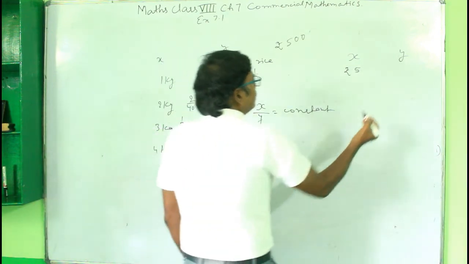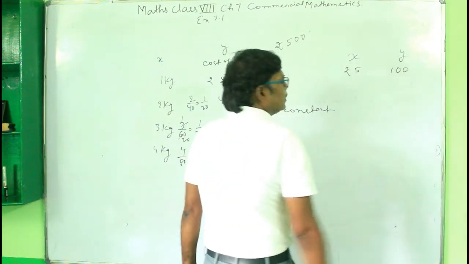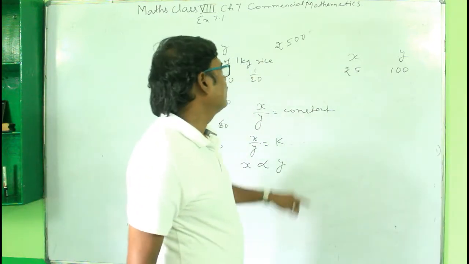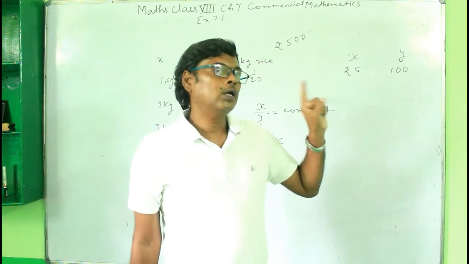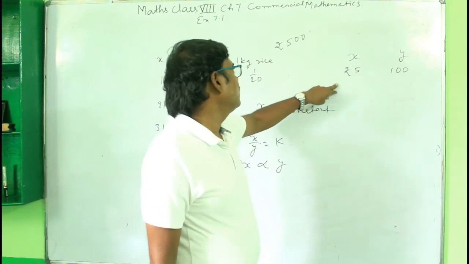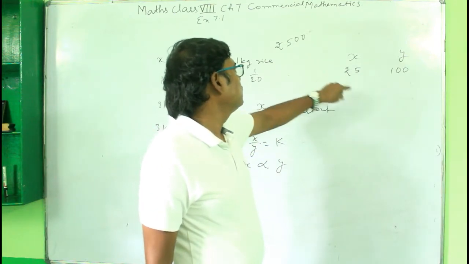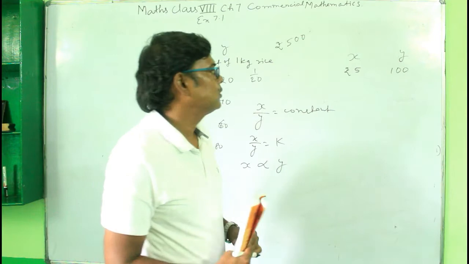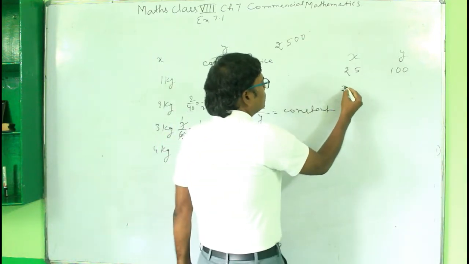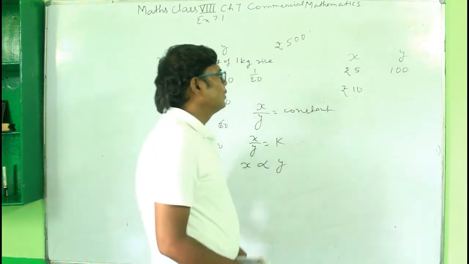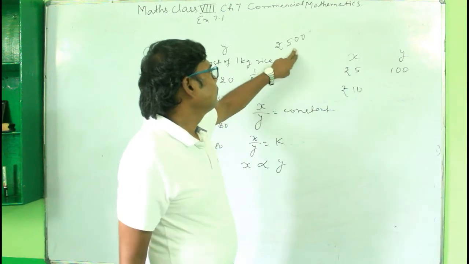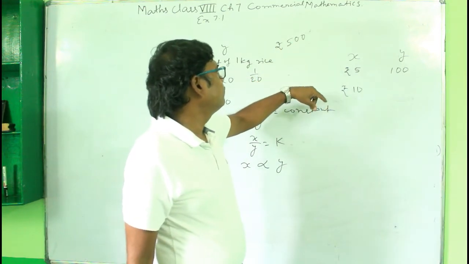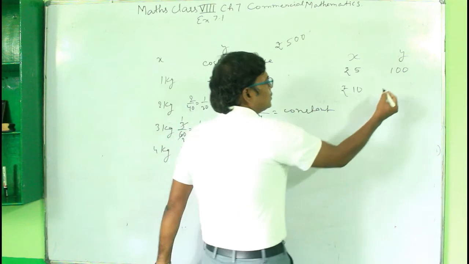It will be 100. That is, you can buy 100 pencils in 500 rupees. Now suppose the cost of one pencil is rupees 10. What will happen then? You have only this much money, so you can buy 50 pencils.